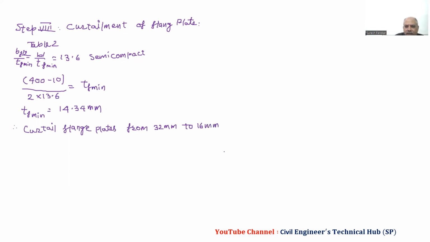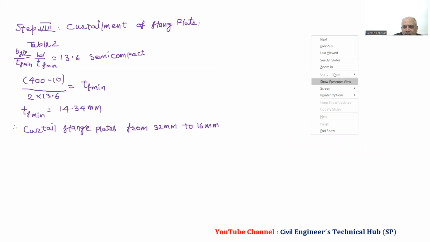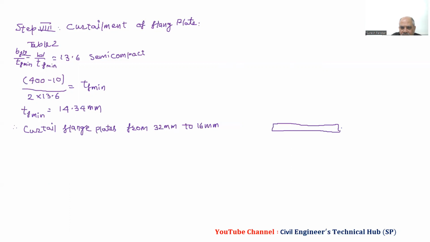So now, if we go to the diagram, in this diagram our flange plate is 32 millimeters. So we have this as 16 now. Then this will be as it is, 10 millimeters.